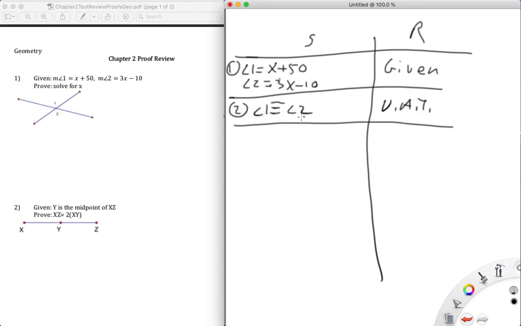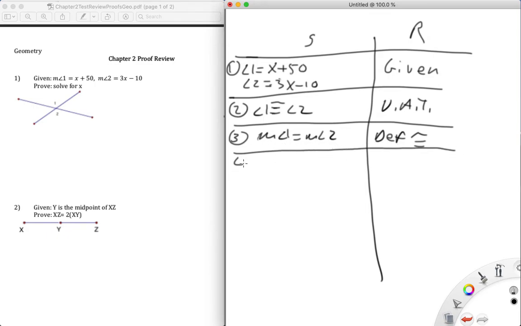And if they're congruent, then they're equal. So technically it's the measure. Measure of angle 1 is equal to the measure of angle 2. Definition of congruency, if they're congruent then they're equal, or definition of congruent angles.